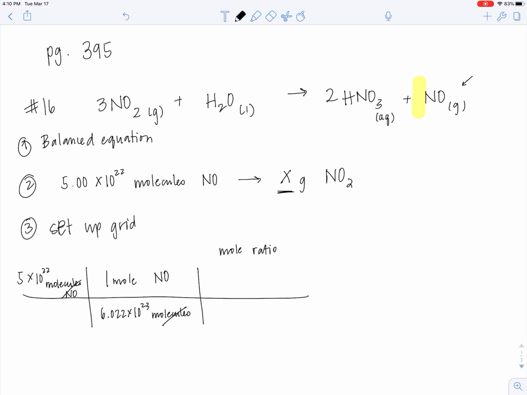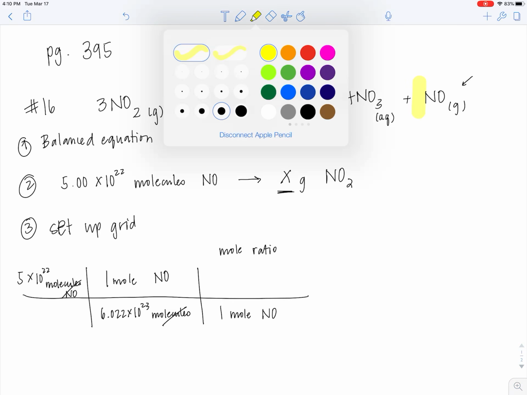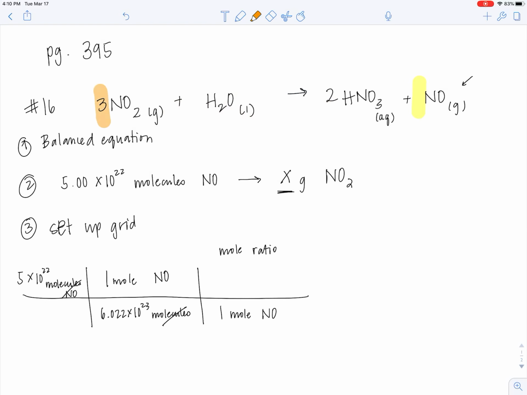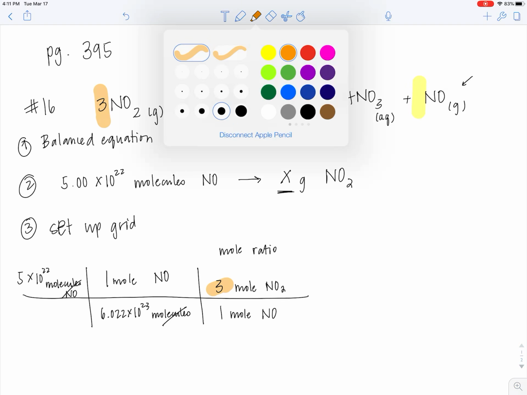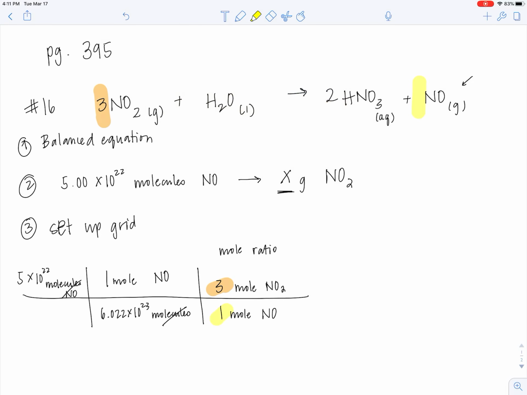So I have 1 mole of NO because there is no number in front of nitrogen monoxide, so I know that's just 1. And then 3 moles of nitrogen dioxide. And again, I get those because of the coefficients in front of my reactants and products in the balanced equation.